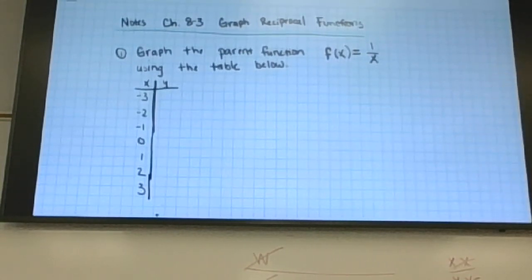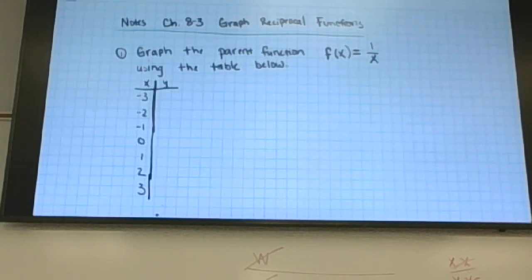So we've been doing these problems where you're working with fractions that aren't regular fractions, they have the variable in the denominator. So what we're graphing here is the most basic fraction with the variable in the denominator.